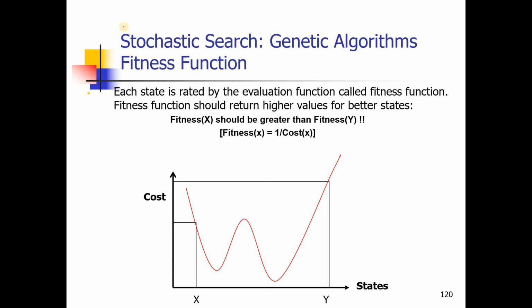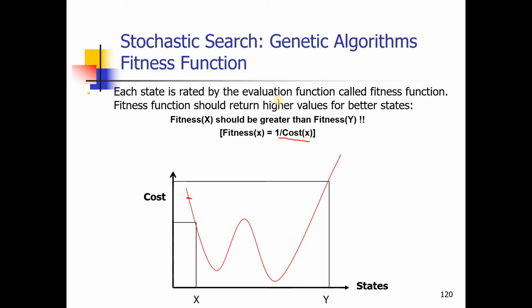The fitness, we can say, is the inverse of the cost. If the cost is high, it means the gene is not so good and we are not interested in that gene. Overall we are interested in lower cost, or minimization. So if the cost is low, the fitness will be high.